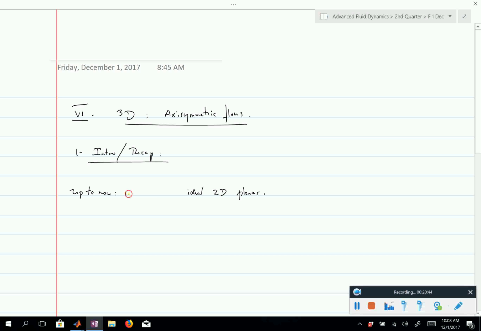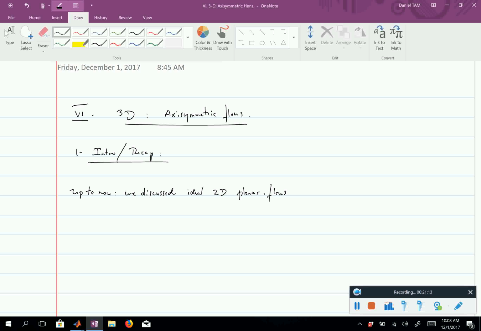In terms of applications, that represents the flow around an airfoil. A wing is long enough that you can assume not much happens in the z direction, and so if you're looking really at what's happening in the flow, you just look at a cross section, and then you have a 2D planar flow.